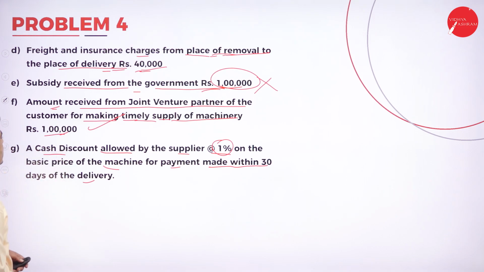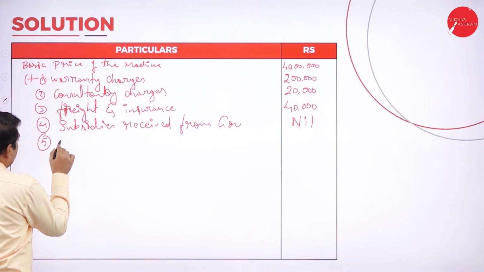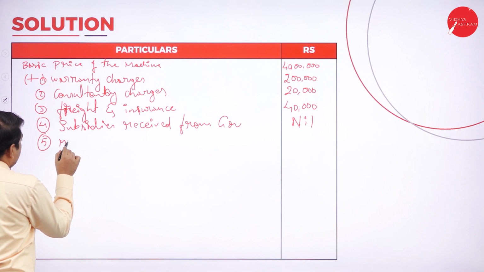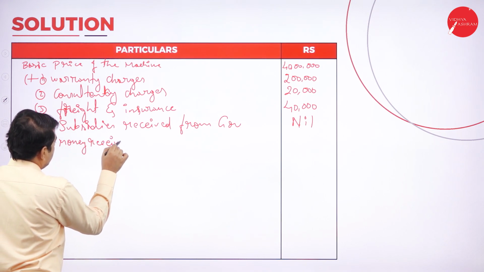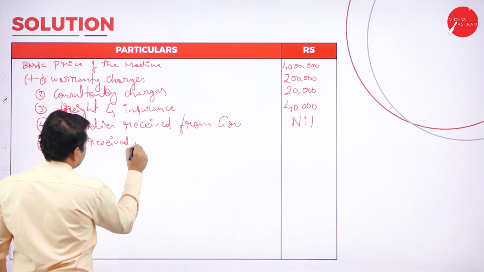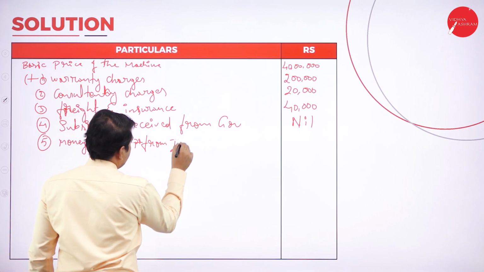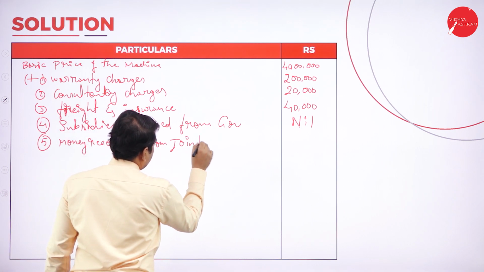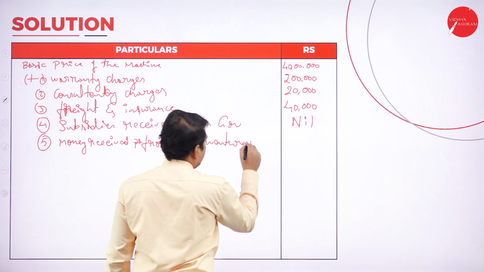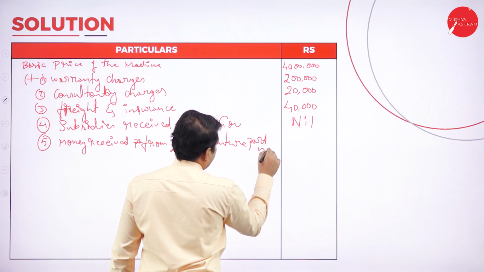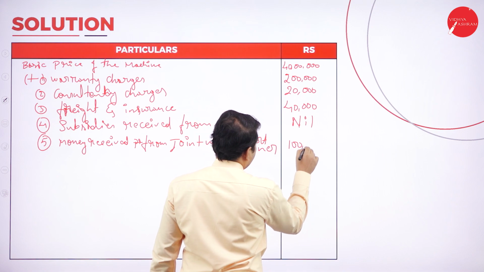We should take this amount received from the joint venture partner. Fifth one, amount or money received from joint venture partner. How much? 1 lakh rupees. So we can take 1 lakh rupees.